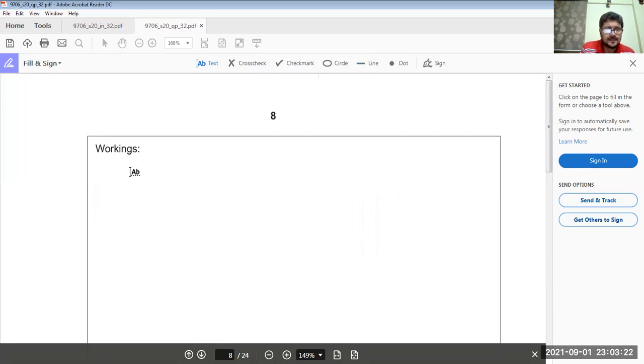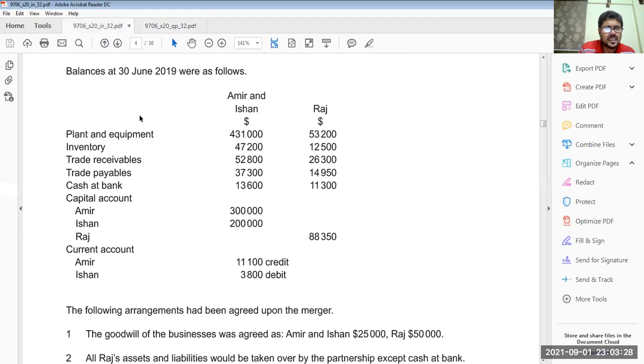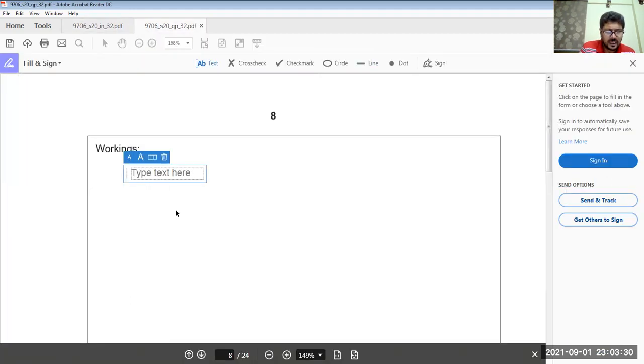The first partner's name is Ahmed. Now in Ahmed's capital, what we have to do? Ahmed's capital was initially on the credit side.